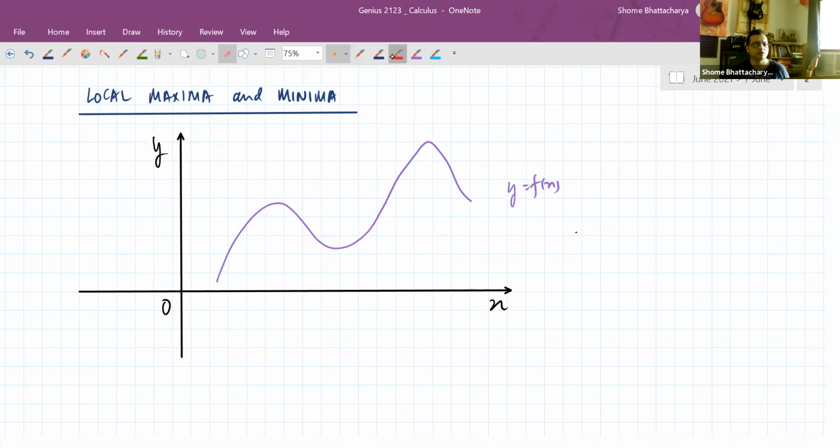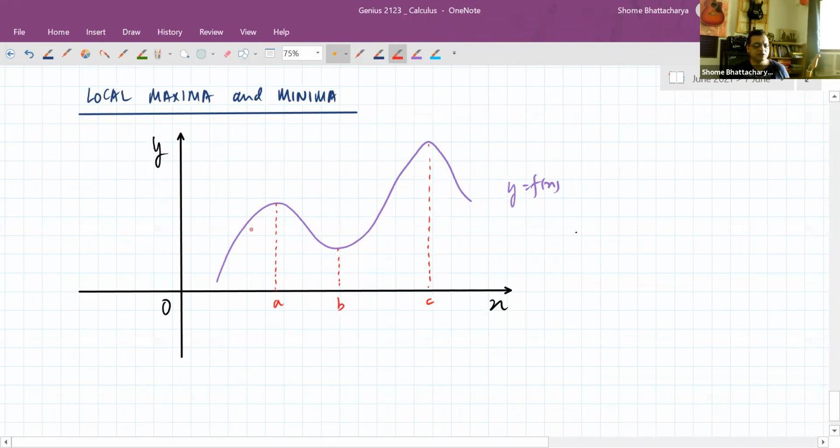Something like this. Now, for example, there must be some point A over here, some point B over here, and some point C over here, where the function has this kind of behavior, that exactly at those points the tangent is horizontal.